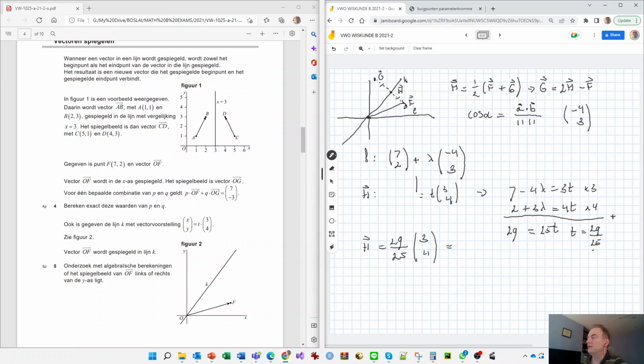Well, I don't know a simpler way to do this. 3 times 29 is 87, divided by 25.